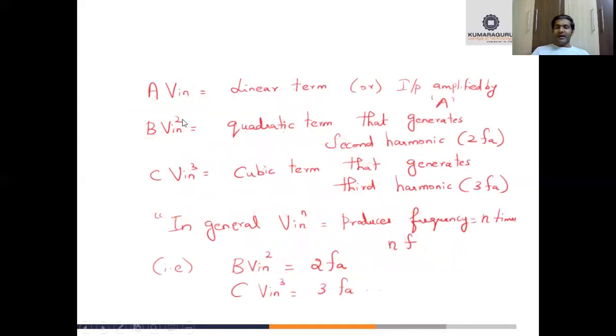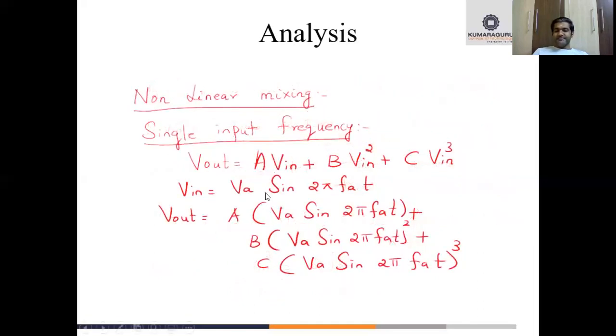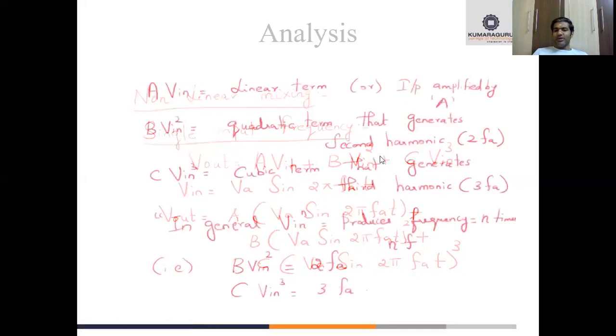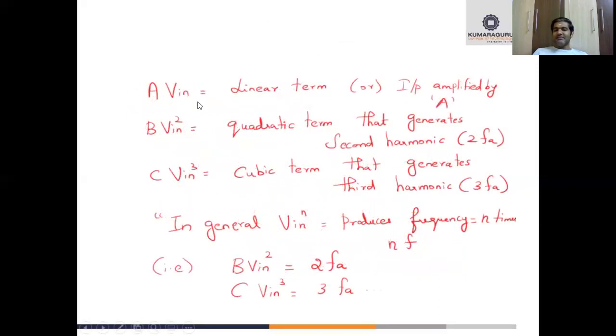Now you could see A times V in plus B times V in square plus C times V in cube. A times V in is nothing but the linear term, gain times your input. It is the input amplified by a factor A. So this term A V in is a linear term.